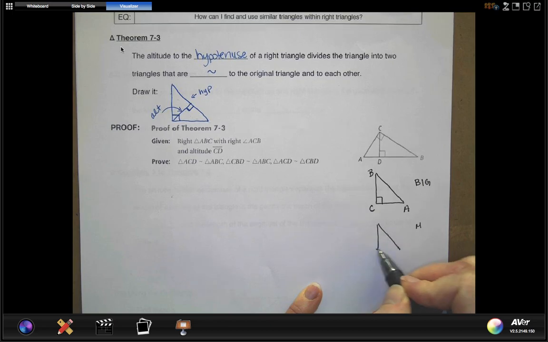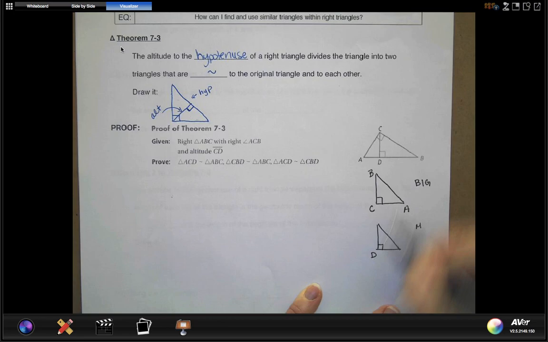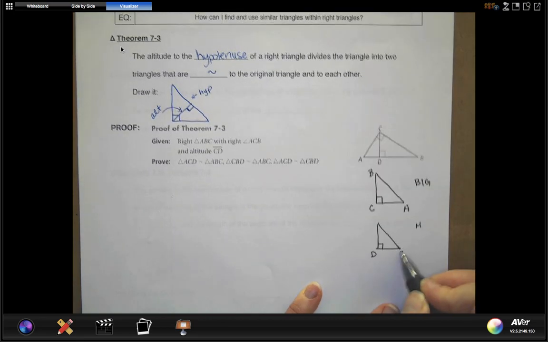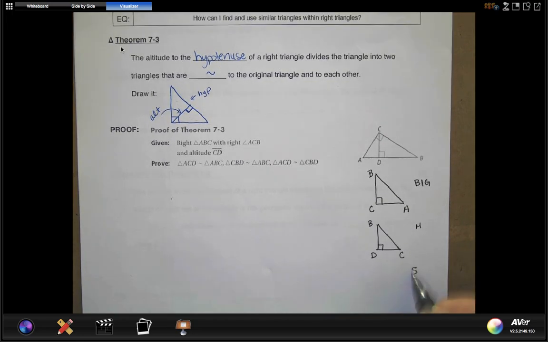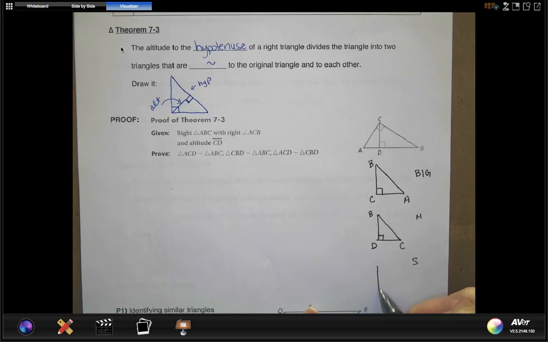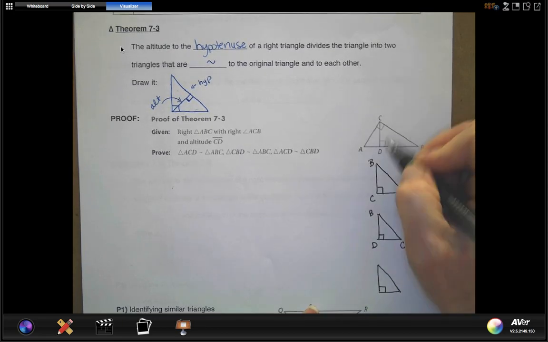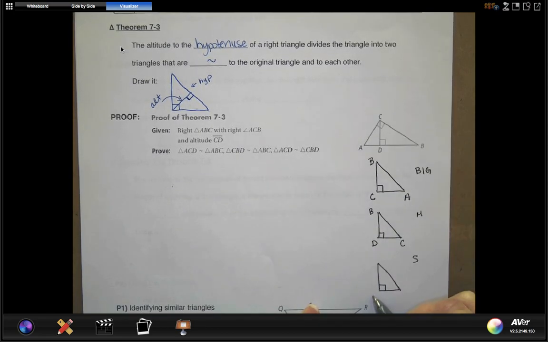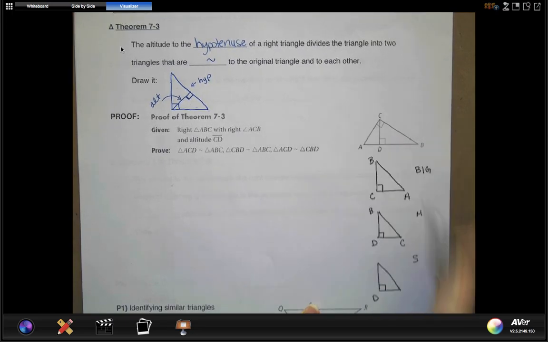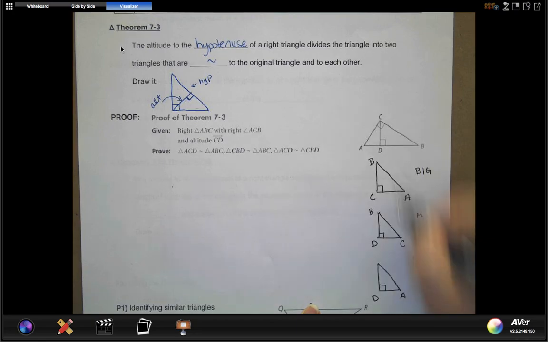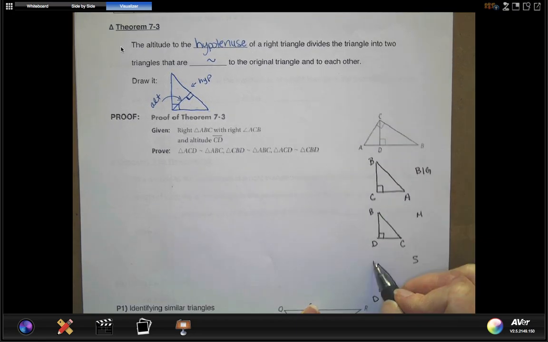In my medium-sized triangle, the right angle is D, short leg is C, the long leg is B. And then I have this small one over here, not drawn to scale. Again, right angle is at D, short leg is A, long leg is CD, okay?